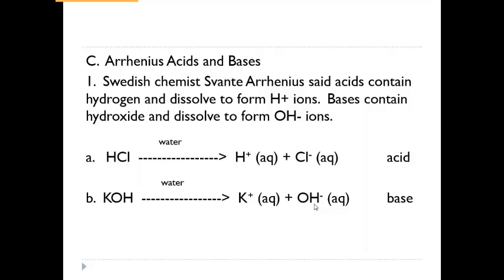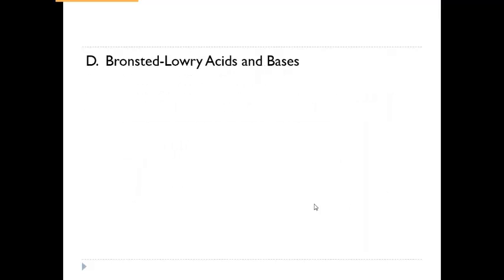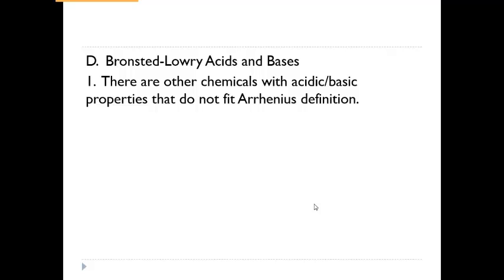But we're going to add one more here to the mix, and this is called the Bronsted-Lowry acid-base definition. There are other chemicals that fit the properties that I mentioned as far as the taste, turning an indicator a different color, being able to conduct electricity, that are true for chemicals but don't fit the acid-base definition that the Arrhenius definition says.